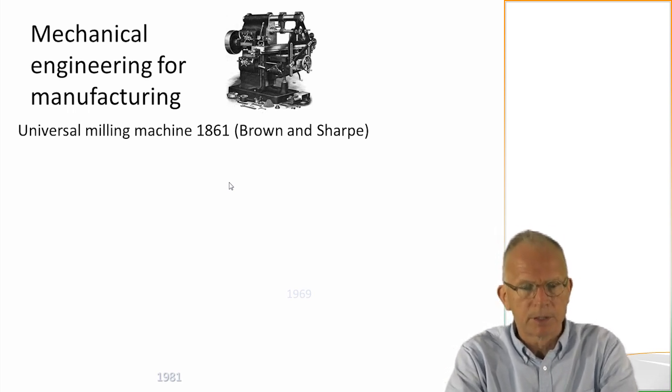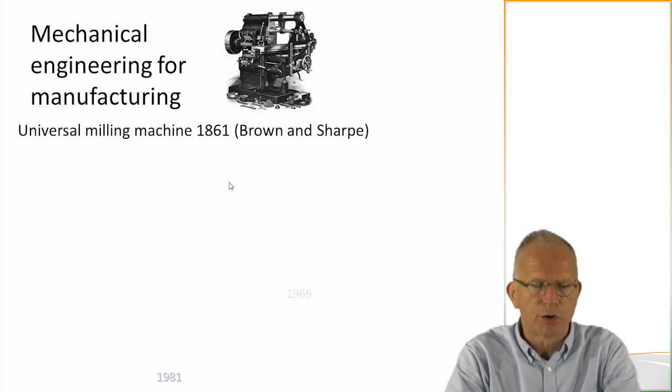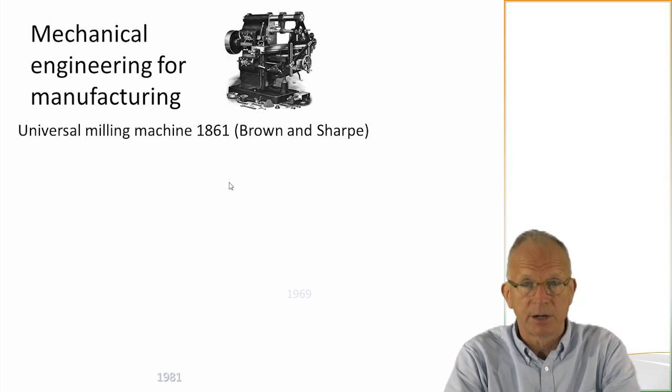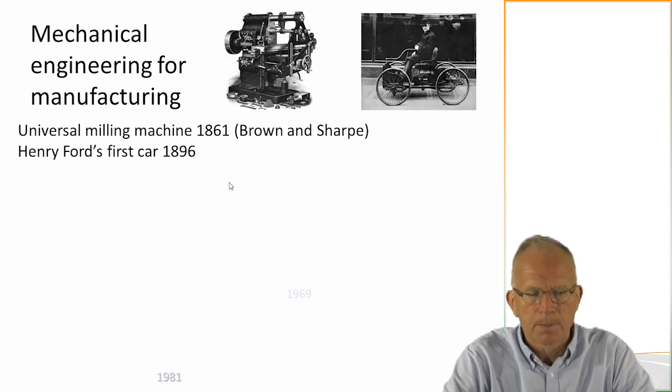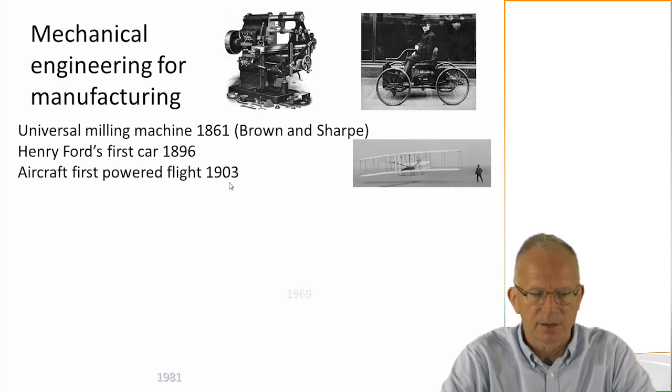So we're looking at building machines, hence the German term for mechanical engineering, Maschinenbauer, machine builder. Here's an example of a machine from the Industrial Revolution in southern New England. Henry Ford's first car, 1896. It's mechanical engineering. First powered flight.